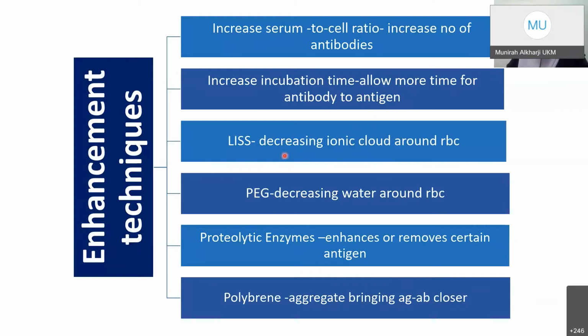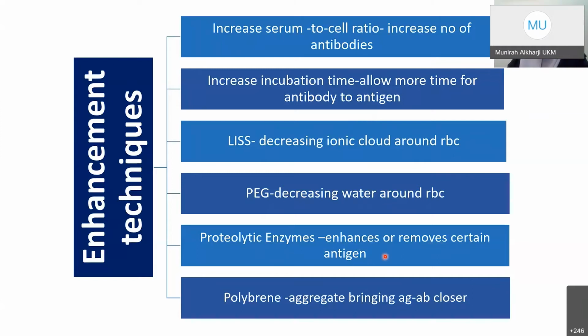And also we can use the LIS solution, low ionic strength solution, to decrease the ionic cloud around the red blood cell. We also can use PEG to decrease water around the RBC. As I mentioned before, we also can treat the cell with a proteolytic enzyme, which can enhance or remove certain antigens.